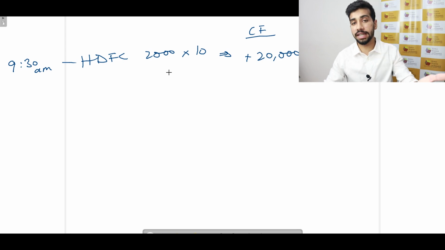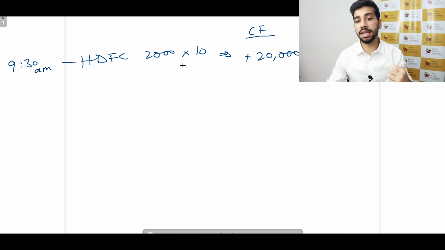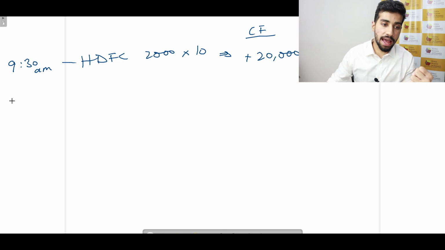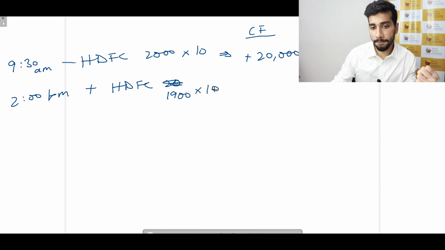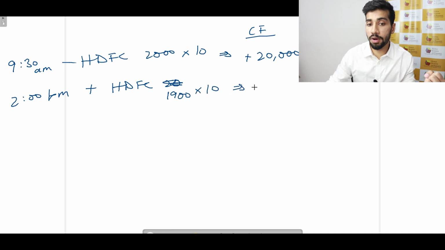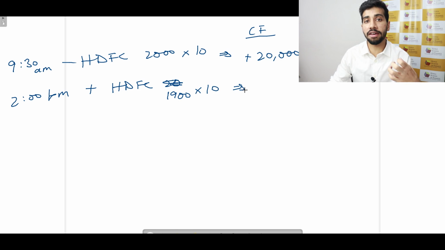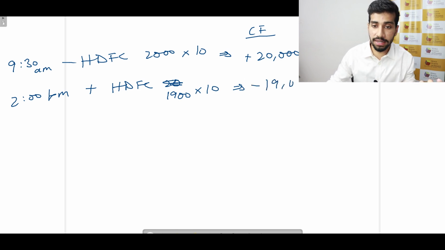Because I am selling 10 shares, so I will be getting 20,000 rupees. And at around 2 p.m. I buy HDFC at, let's assume, 1900. So the amount I will have to pay is, why? Because I have bought 10 shares of HDFC at 1900, so I'll have to pay 19,000 here.